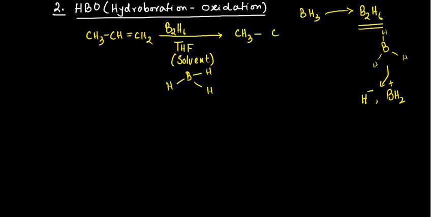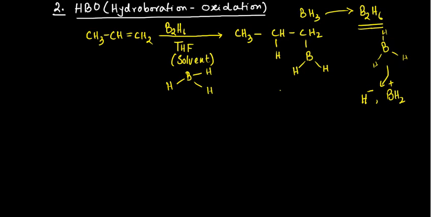So CH3, CH, here it is CH2, BH2. The reaction does not end here because previously boron had 3 hydrogens attached to it. Now boron still has 2 hydrogens attached to it. So it is still a boron compound with 2 hands with hydrogen and 1 hand with the hydrocarbon group.